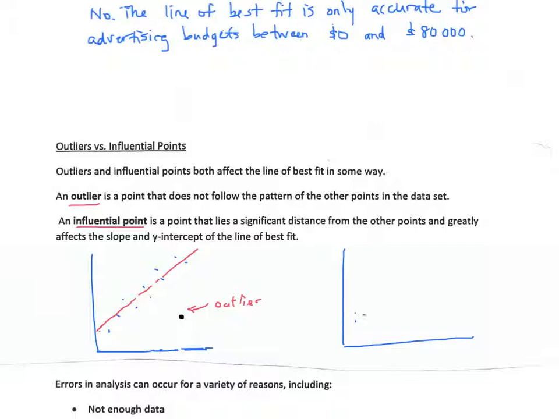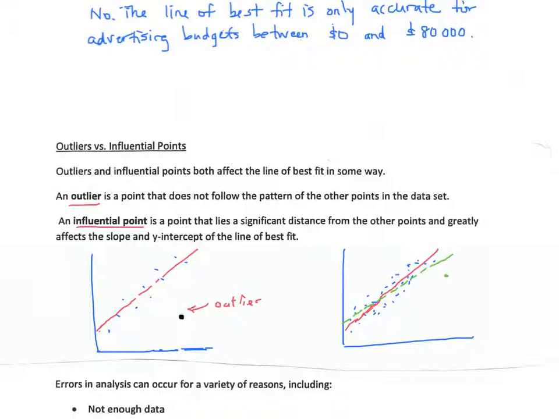So if I have a scatter plot and I'm going to draw my line of best fit there, an influential point would be a point sort of not too far away from the others, but just far enough away that it would actually change the line of best fit some. Now again, my pictures aren't the best here on my iPad, but you kind of get the idea. So there is a subtle difference there.